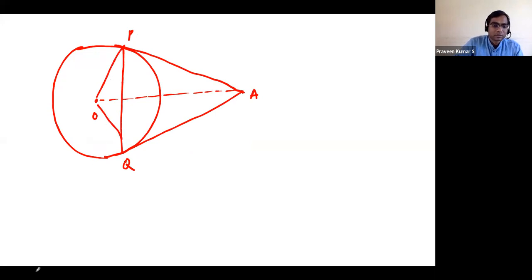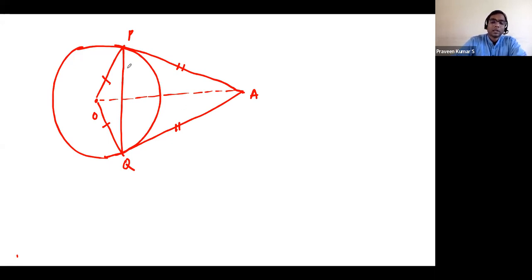Now, we have already discussed some parts of this, right? So you know that OP is equal to OQ. You know that AP is equal to AQ, right? So then you can always calculate the length of this chord PQ. So sometimes there are questions asked around this.